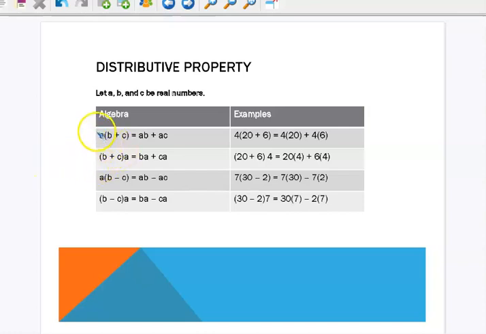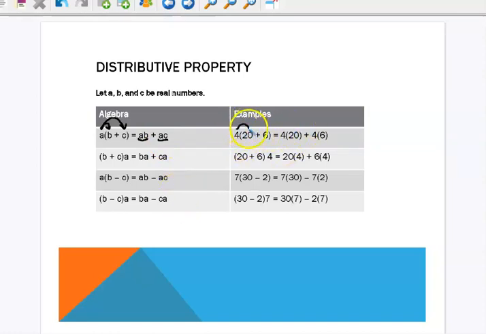So whatever's on the outside, we're multiplying to each item on the inside.